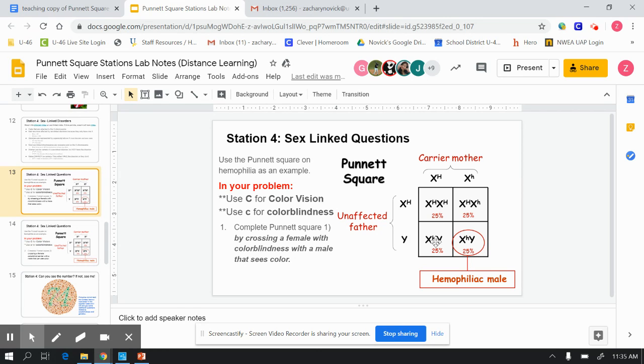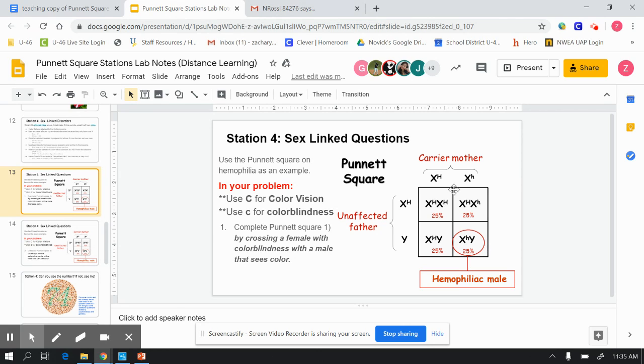In this box, you have an X and a Y. So this animal would be a male. It is X with a dominant hemophilia chromosome. And Y doesn't ever get a hemophilia chromosome because it's a sex-linked characteristic. The hemophilia allele is only linked to X chromosomes, so the Y won't show up at all.